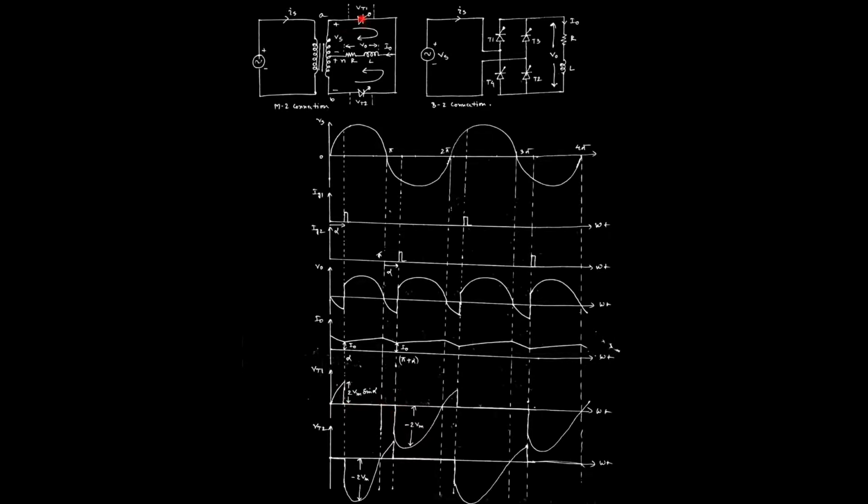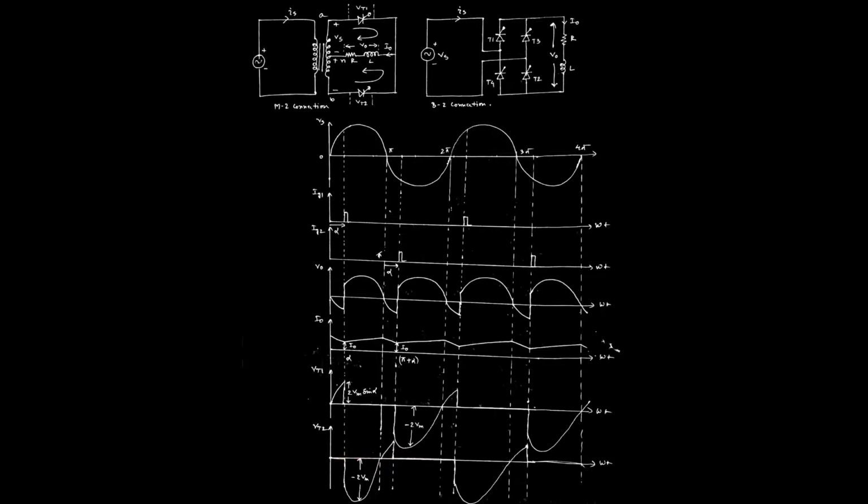When this thyristor turns off for the negative half of the supply voltage and thyristor T2 turns on, then the voltage across T2 should be 0, and the total peak inverse voltage will appear across the first thyristor. That is why when the first thyristor was on, the voltage appearing across the second thyristor is the peak inverse voltage, that is minus 2 Vm, up to this point.